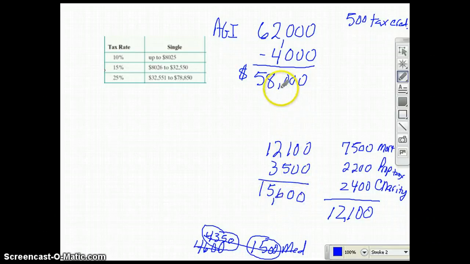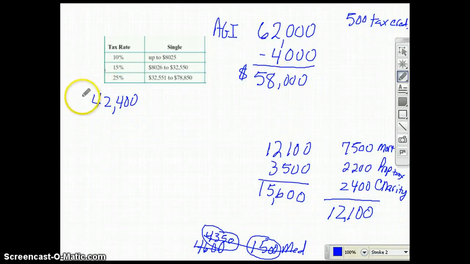We're going to take 58,000 and subtract that. When I subtract both of these numbers from 58,000, I should get this number.